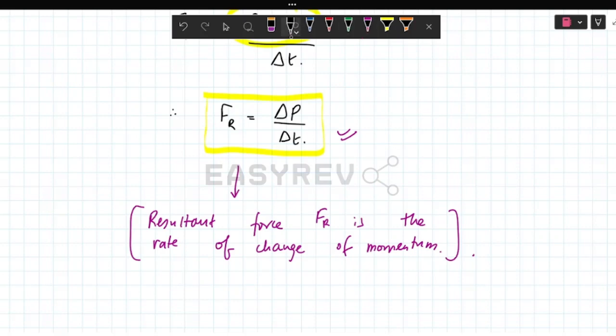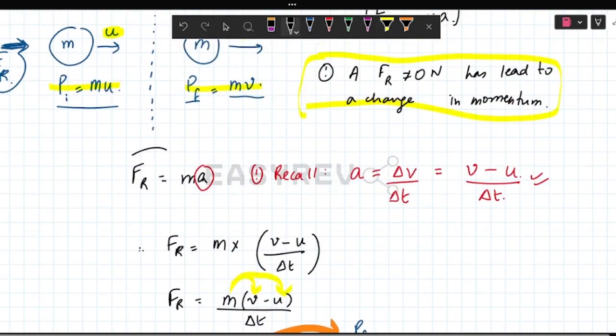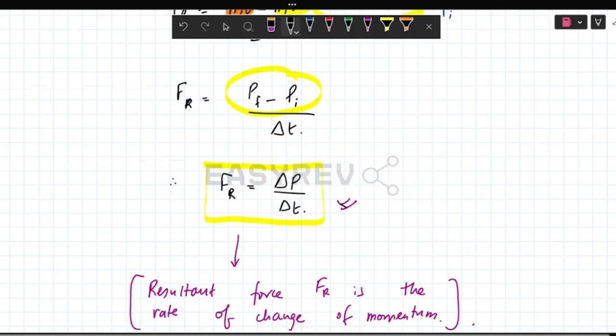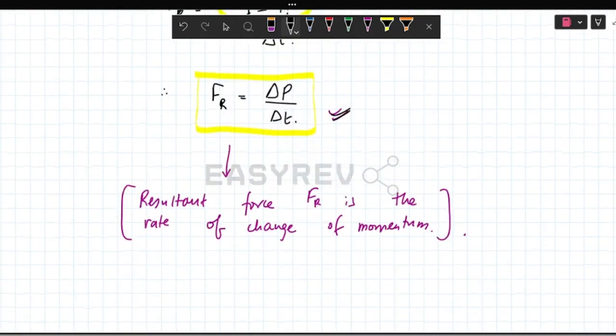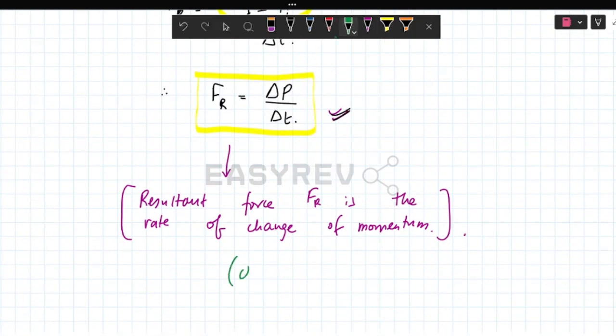In that regard, you can think of this as a rewording or a rearrangement of the true definition of the resultant force. That is, it's the rate of change of momentum, meaning you're seeing how momentum is changing with every interval of time. So you can think of it as the change in momentum per unit time.